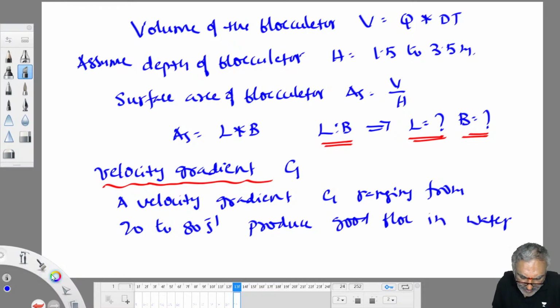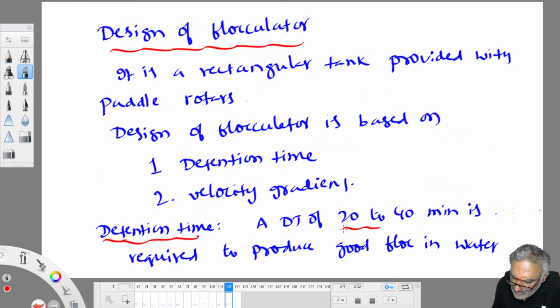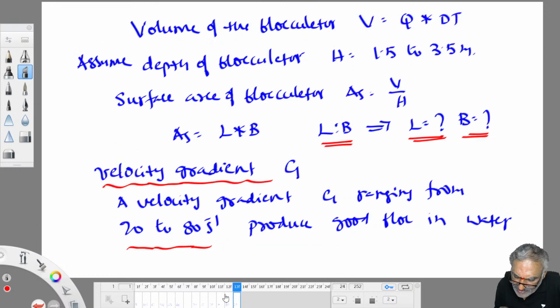So values are different. There it is 700 to 1000 second inverse. Here it is only 20 to 80. There detention time is 1 to 3 minutes. Here detention time is 20 to 40 minutes. These are the differences you are supposed to notice.